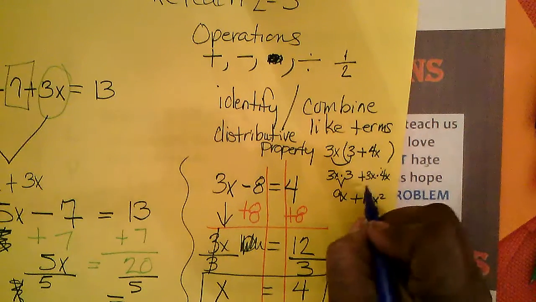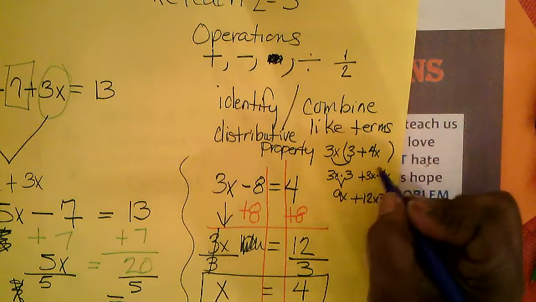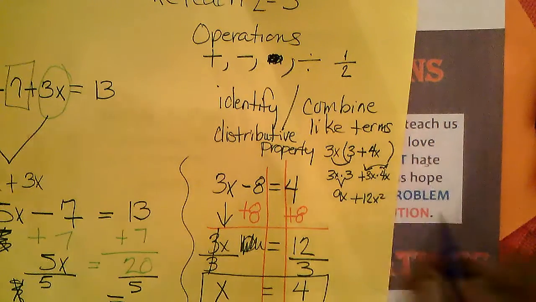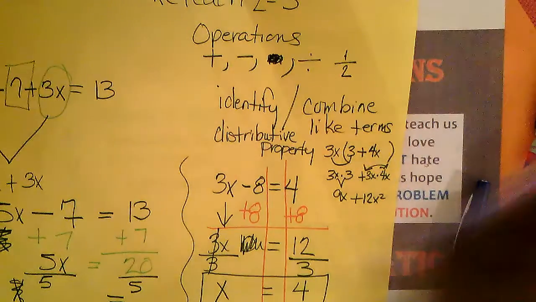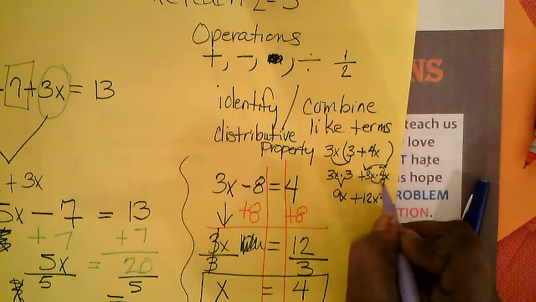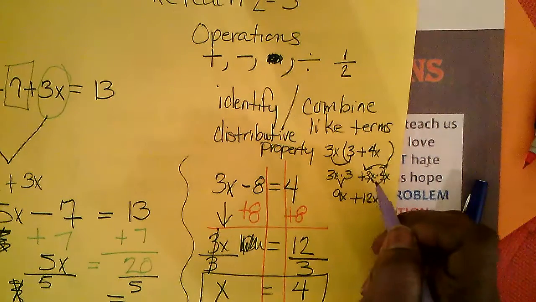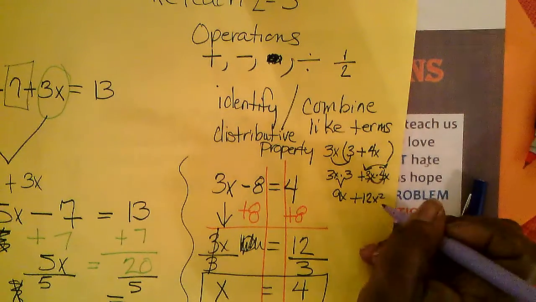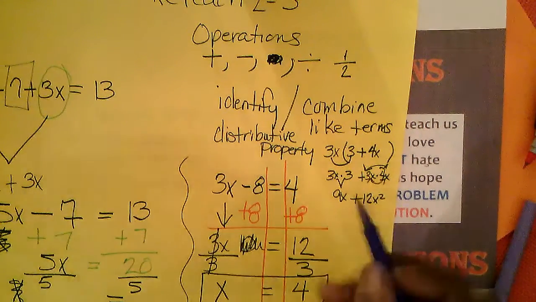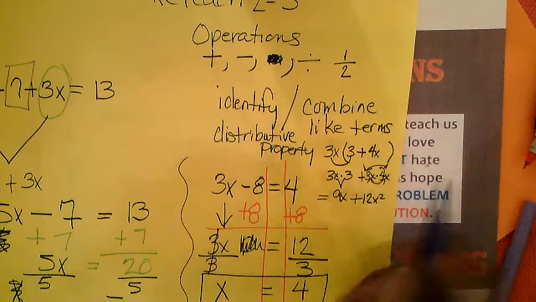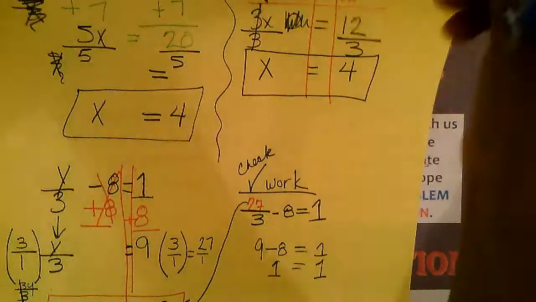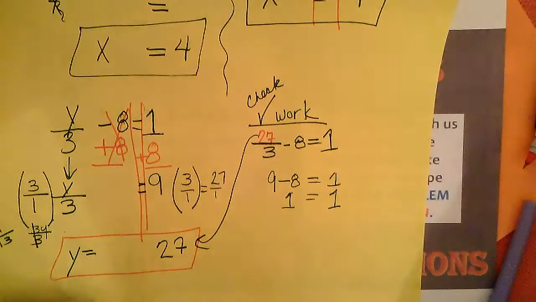Remember, you multiply the coefficients and then you multiply the variables. When you're looking at the variables, you add the exponents. So that concludes our little mini lesson in distributive property. Let's knock this question out right quick.